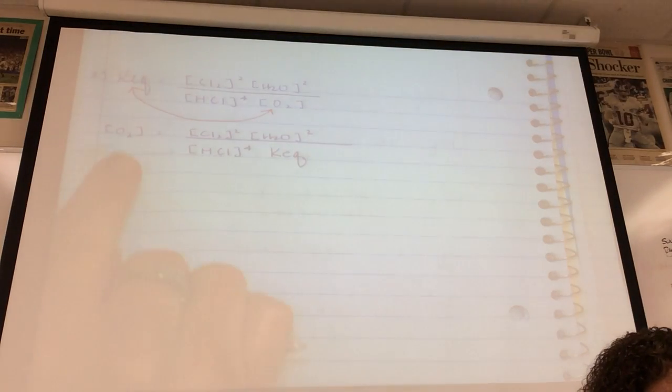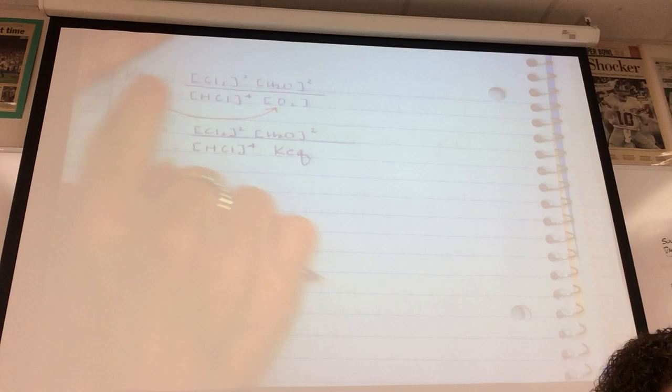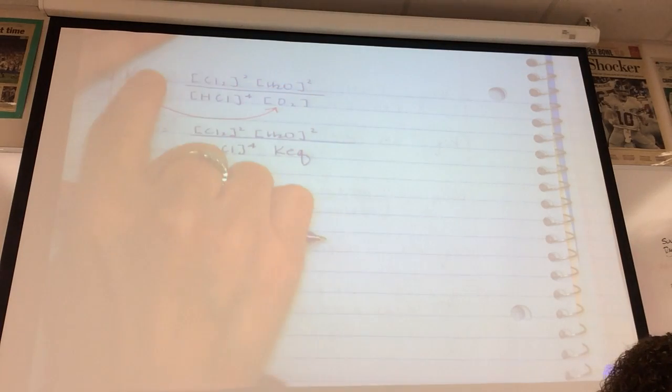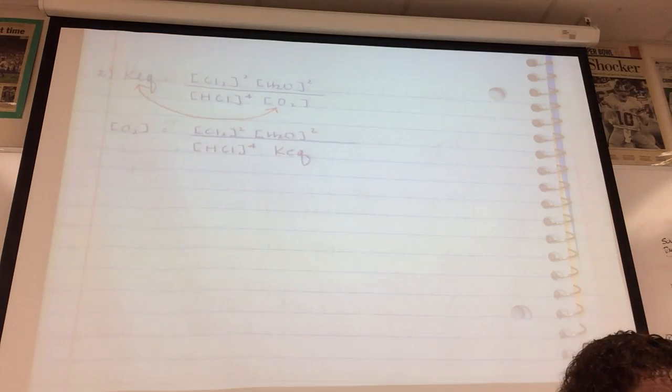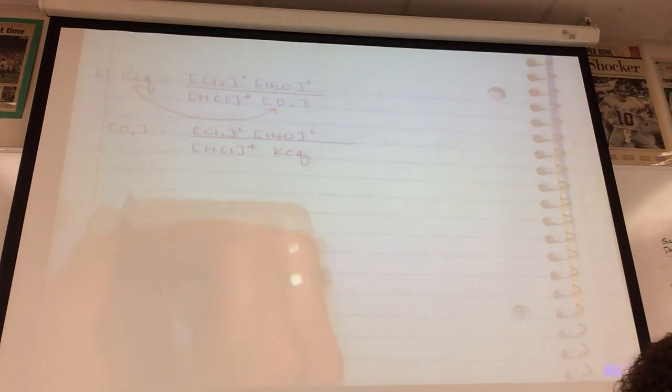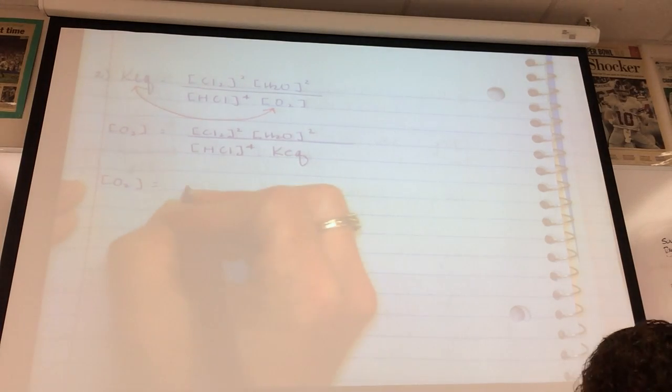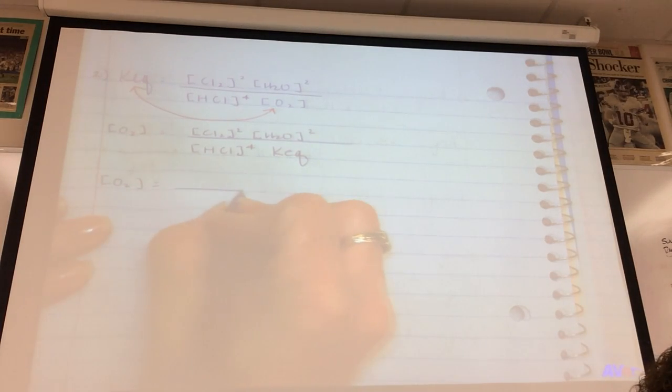And again, if you don't feel comfortable, you could do this times this times this is equal to this times this, and then divide by those two to get that. So it's all the same. And once you have it set up, then you're just going to plug and solve.